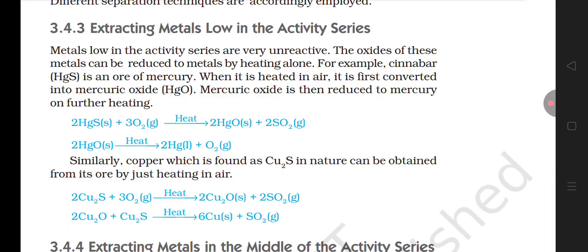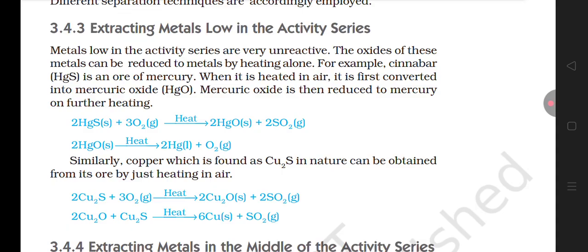Now, extracting metals in the middle of the activity series. Metals in the middle of the activity series, such as iron, zinc, lead, copper, are moderately reactive. Moderately reactive means they are not as reactive as sodium, potassium, etc. These are usually present as sulfides or carbonates in nature.